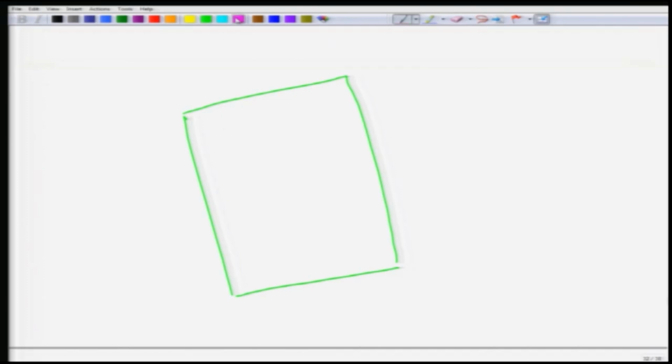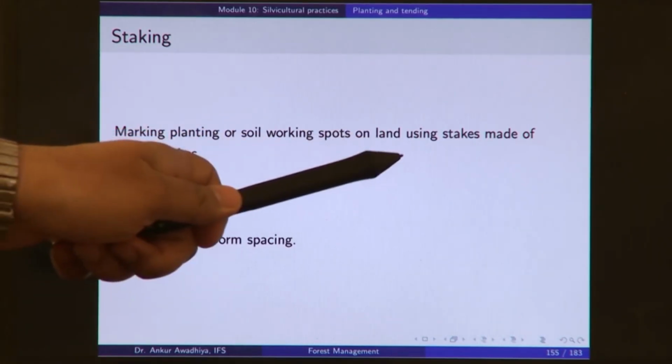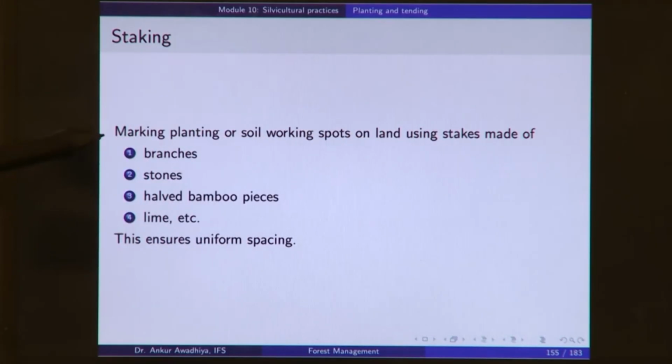So, you will mark these points using substances such as branches or bamboo sticks or rocks that are painted white in color, or probably you can even make use of plough marks. So, staking is marking of planting spots or soil working spots on the land using stakes made of branches, stones, hard bamboo pieces, lime and so on.